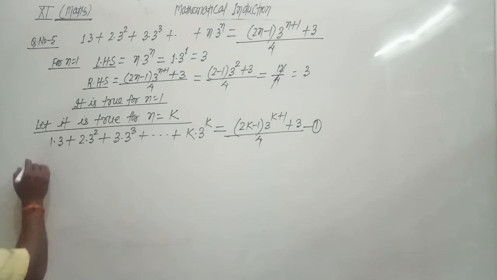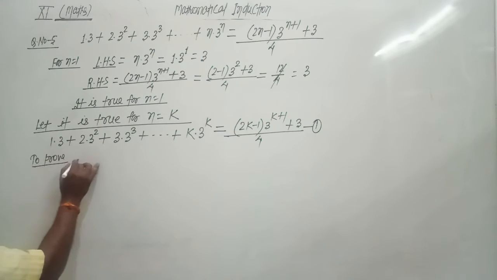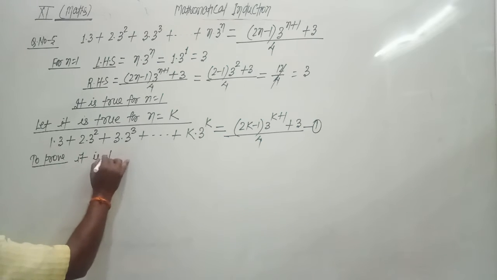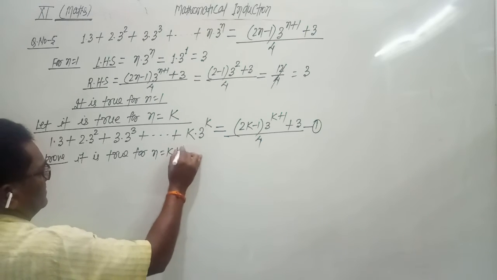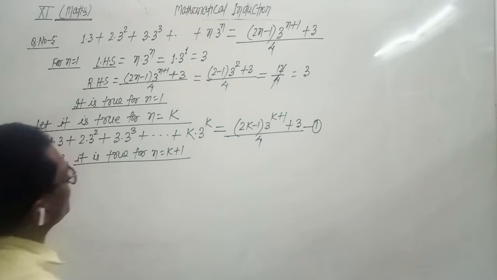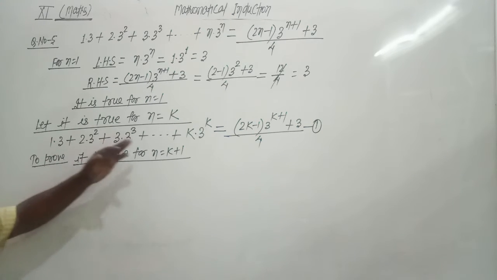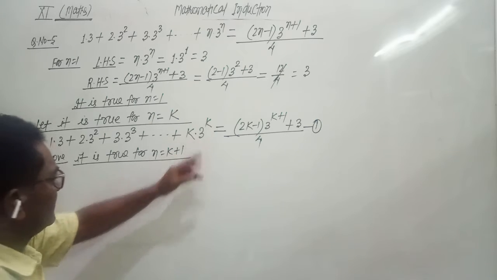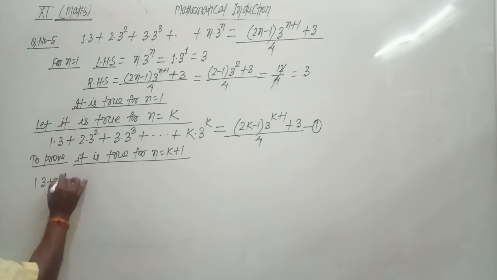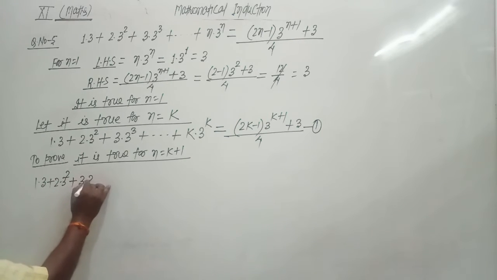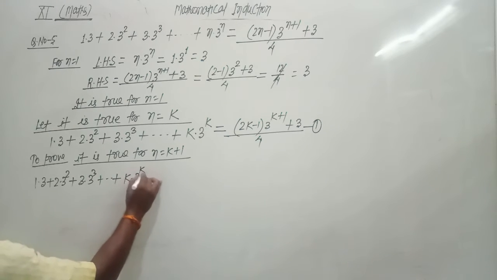Now the third step, to prove it is true for n equals to k plus 1. To prove it is true for n equals to k plus 1, first we write the terms up to k. So 1 into 3 plus 2 into 3 square, 3 into 3 cube, and so on, k into 3 raised to the power k.